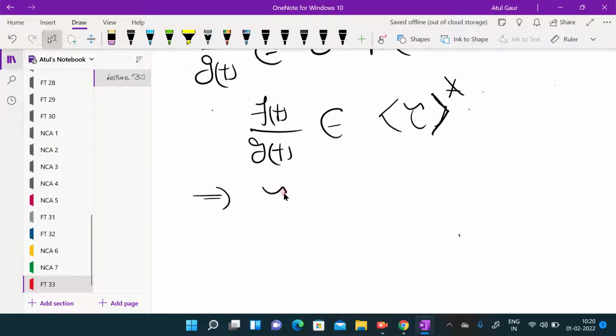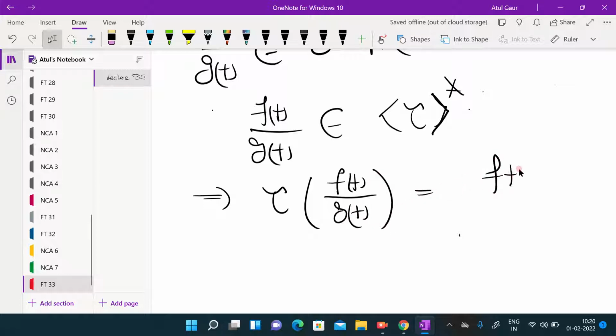So this will give you that tau of f(t) mod g(t) is the same as f(t) mod g(t).